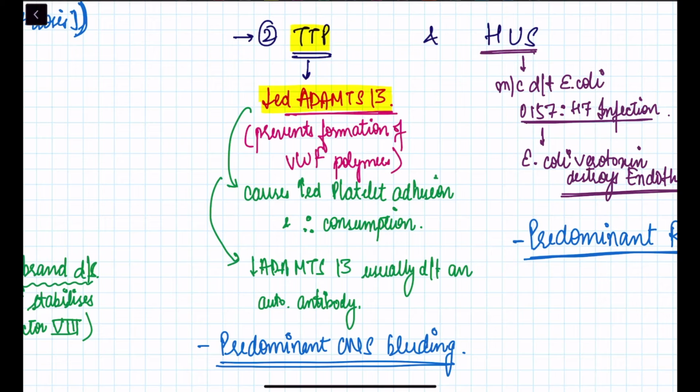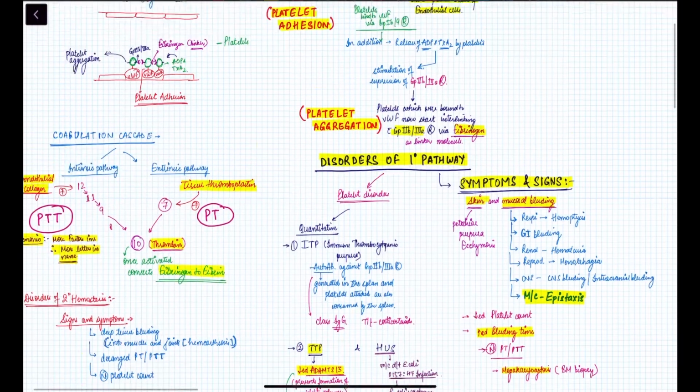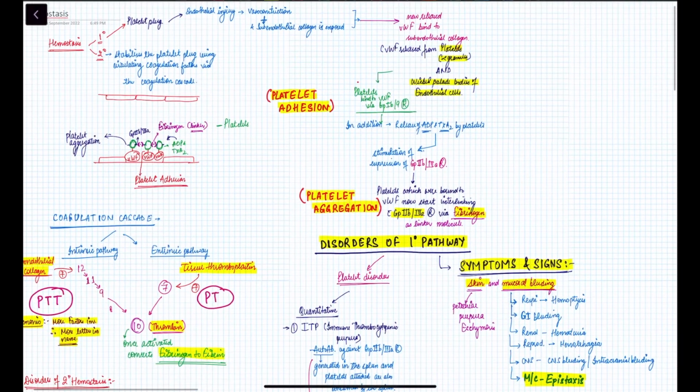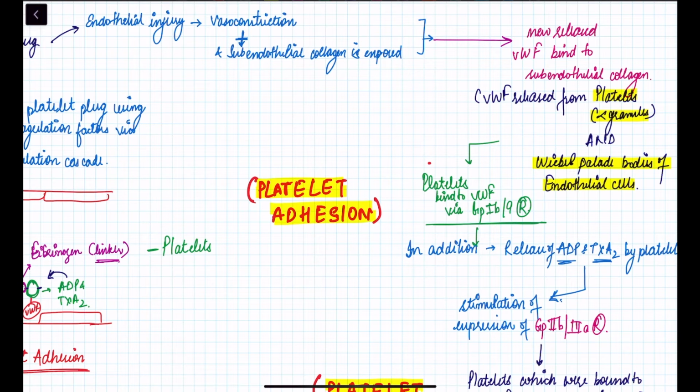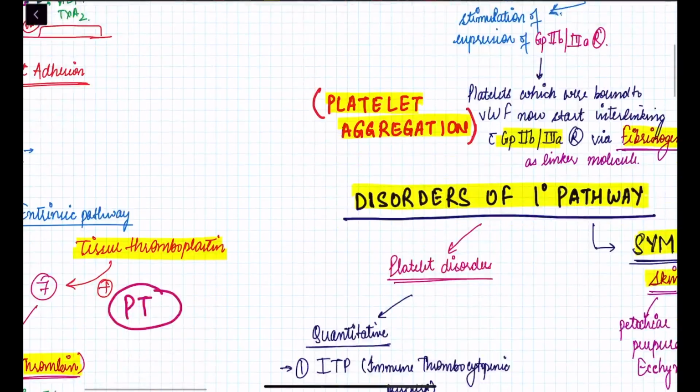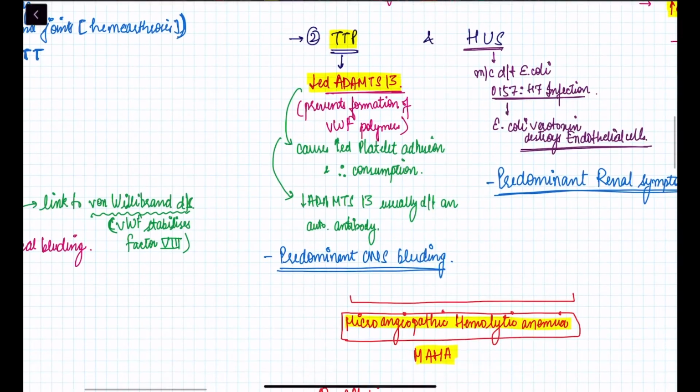So let's take a step back here and see the role of von Willebrand factor, which is right at the beginning where subendothelial collagen is exposed, and von Willebrand factor binds to that, which causes platelet adhesion. So here in TTP we'll have a defect in platelet adhesion.